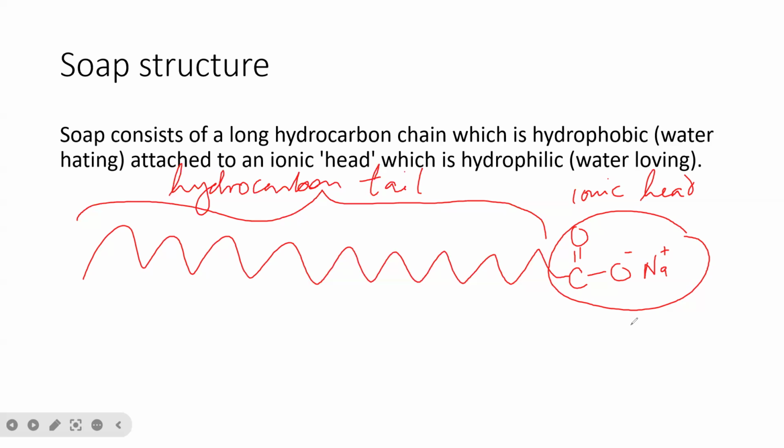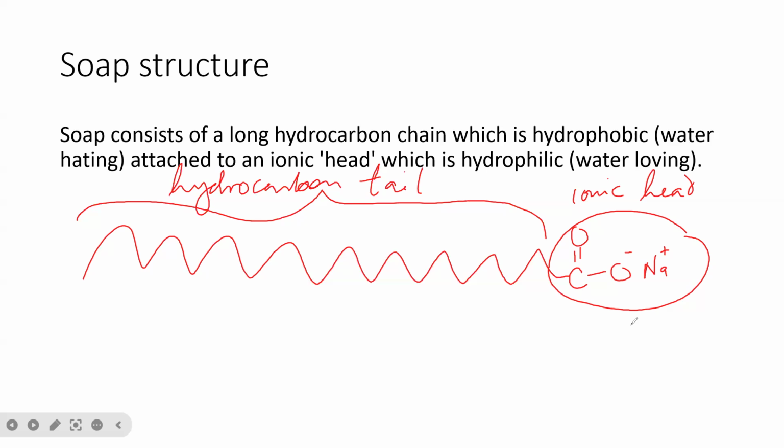So this ionic head, remember, like dissolves like, isn't it? That means polar compounds will dissolve in polar solvents. It's not appropriate to say ionic compounds in ionic solvent because water is not necessarily ionic, but it is polar.